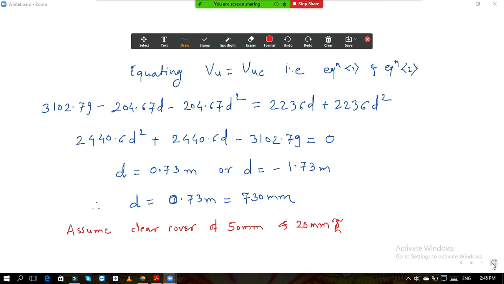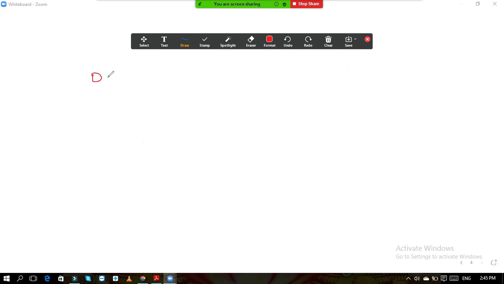So your overall depth D is equal to 730 plus clear cover 50, plus half of bar diameter, 20 by 2. So what is the answer? It is 730 plus 50 plus 10, 790.